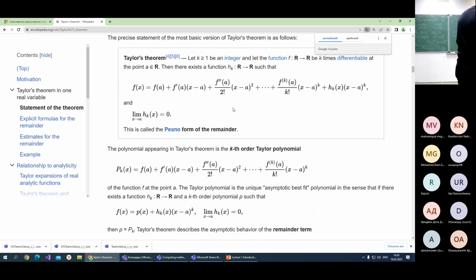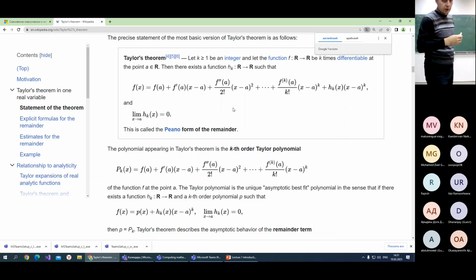Well, let's consider a function f of x that is continuous, and its derivative is continuous, and the second derivative is continuous, and all the derivatives of this function are continuous. So f of x, f prime of x, and so on. The derivative of degree n are continuous functions.